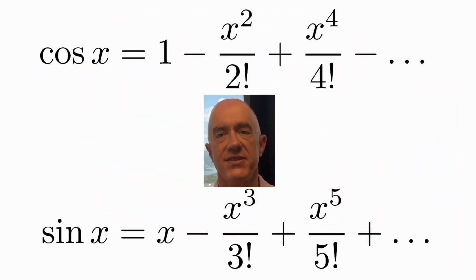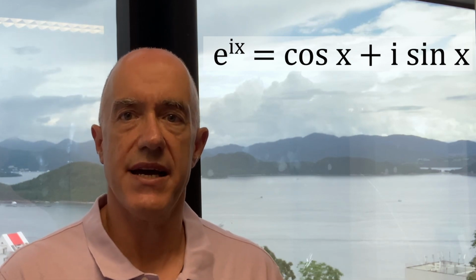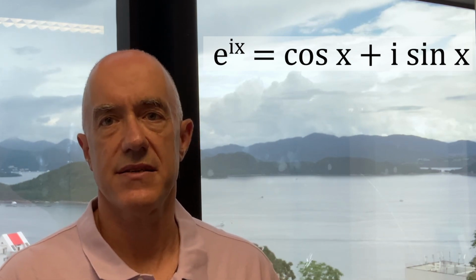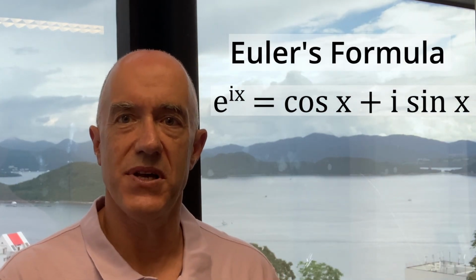And the definitions of cos x and sin x are given by these power series. The relationship between the exponential function and the cosine and sine functions is then usually written as e^(ix) = cos x + i sin x. This famous formula is known as Euler's formula.